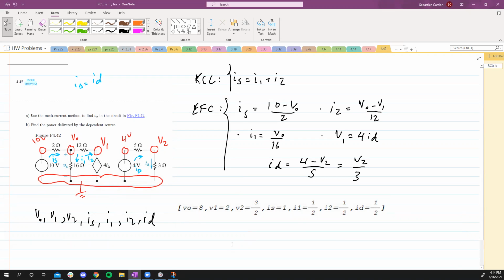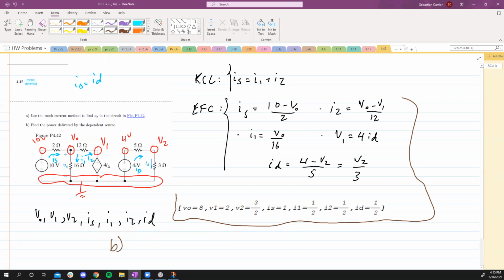Okay, so for part B, this is part A. Part B, we want to know the power delivered by the dependent source.